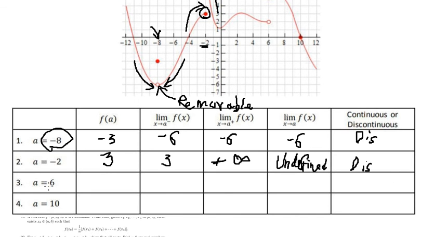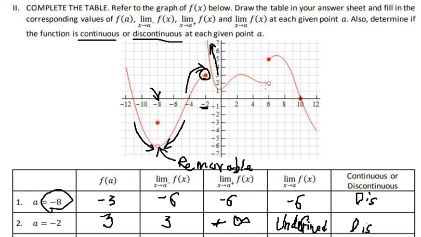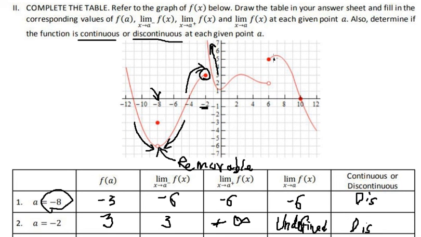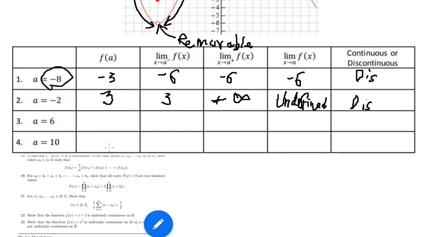Next, we have a equal to 6, and here is 6. The value f of a is the red dot in here, and that should be about 5.